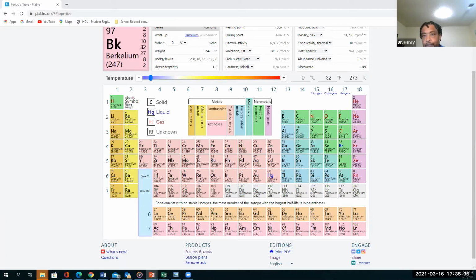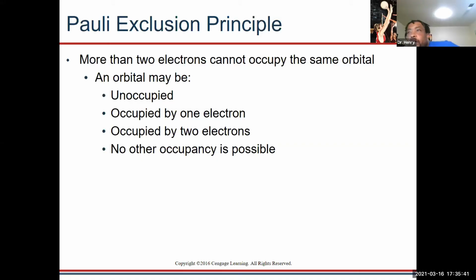Okay, so there are a couple of things that you guys want to keep in mind. Basically, I've been talking about the different orbitals, right? And you guys know that every orbital can only hold 2 electrons. So we know that the S, let me type this.